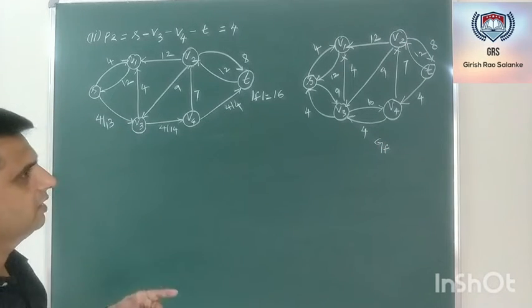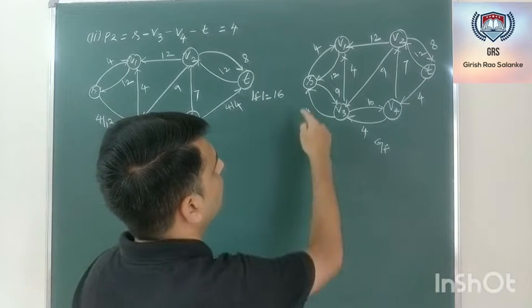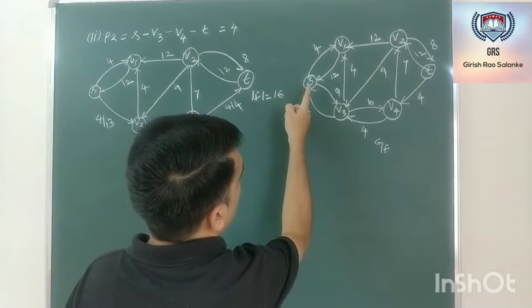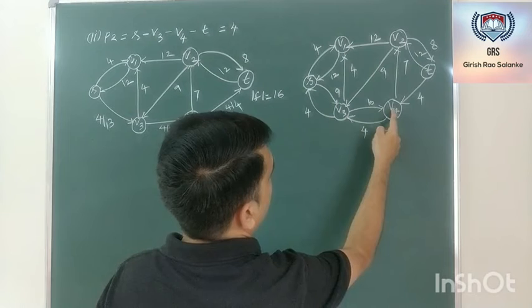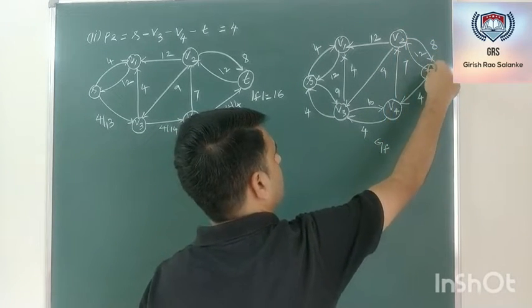Now I need to find whether there is any augmenting path in this residual network. Now I will go with S to V1. From V1 there are no outgoing edges. Now I will check S to V3, V3 to V4. From V4 to V2, V2 to T, there is a path.